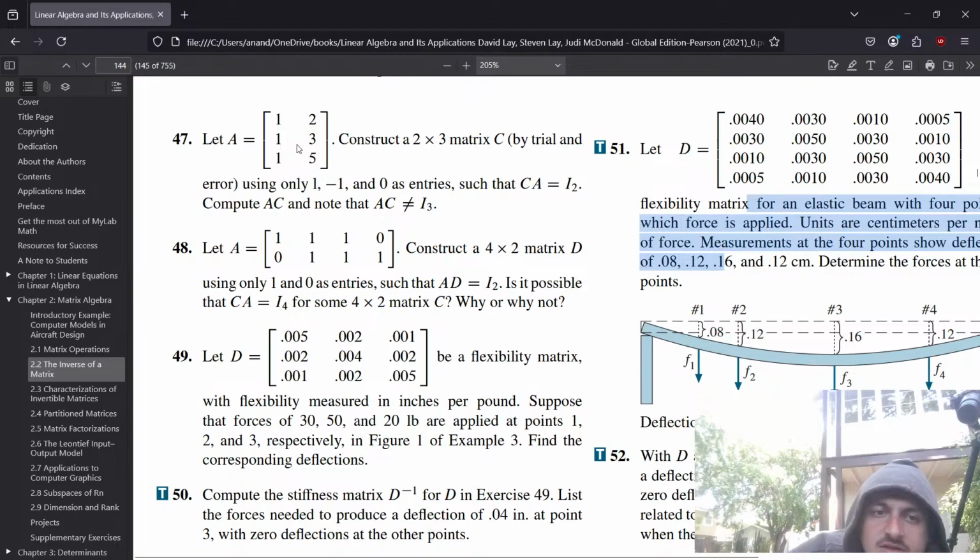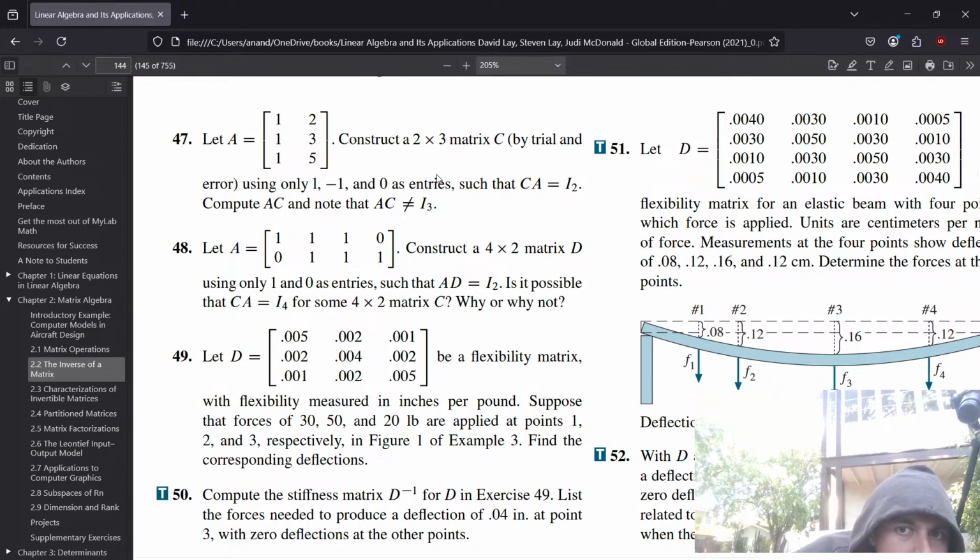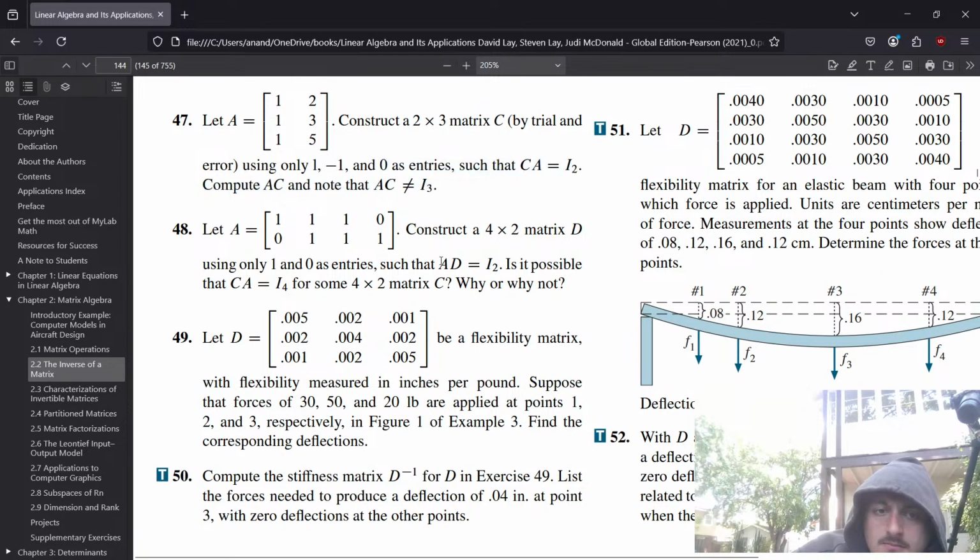Okay, so let A be that. Construct a 2 by 3 matrix C. 47 seems good. 48, I don't know about that.